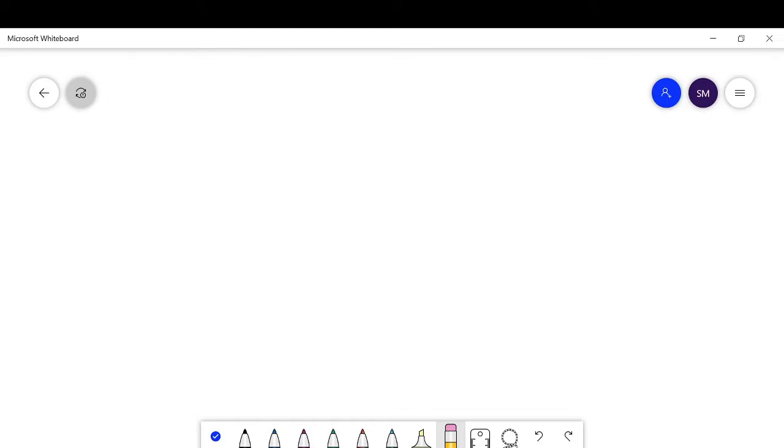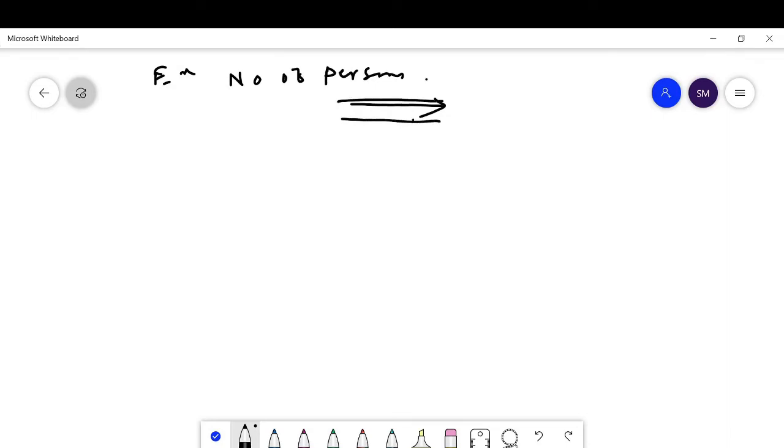Here the number of persons and a piece of work in days. Just think, when the number of persons increases, then the time period must decrease.